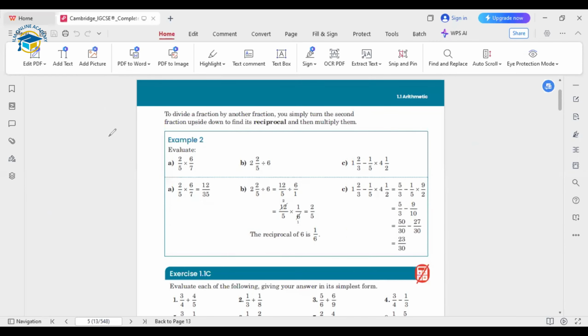So, for example, let's take this part b, an example of division. Here I have a mixed fraction and I need to divide it by 6. 6 is not a fraction, but we can make it into a fraction as well. If there isn't any number under 6, we can write 1.